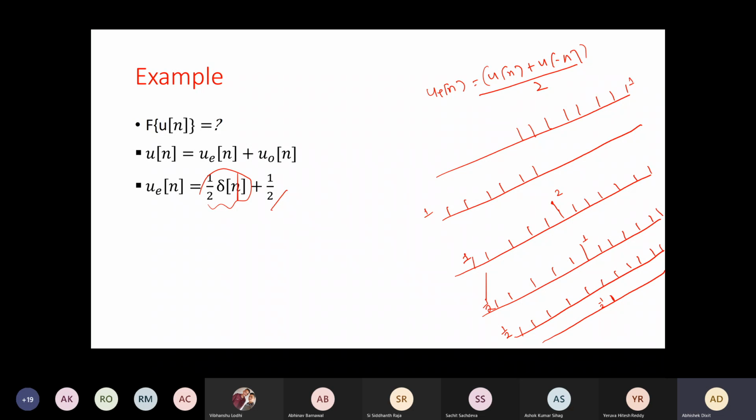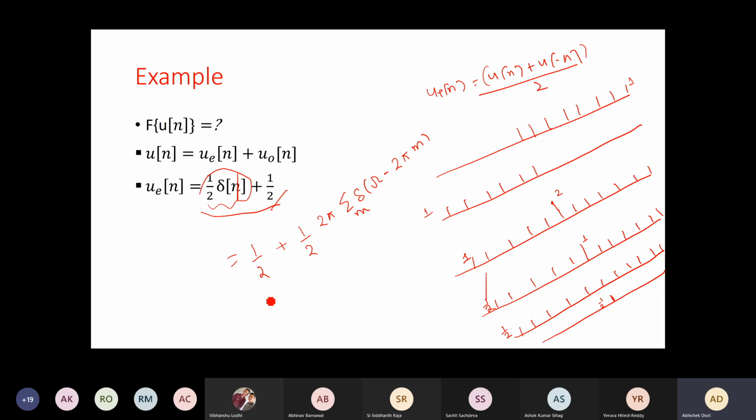Now, can I find the Fourier transform of UEN if this is like this? Yes, of course. What is the Fourier transform of delta n? 1. Fourier transforms are linear, right? And what is the Fourier transform of half? Half times 2 pi summation delta omega minus 2 pi m, where m is some integer.